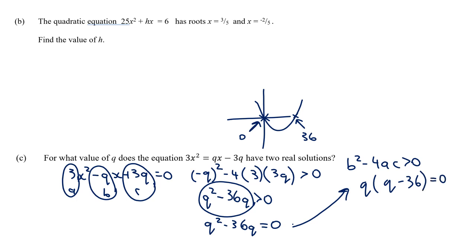So 0 and 36. Whereas this graph here greater than 0? Above the line. So it's greater than 0 there and then. So the answer will be where q is less than 0 and where q is greater than 36. Happy with that statement? Yeah.